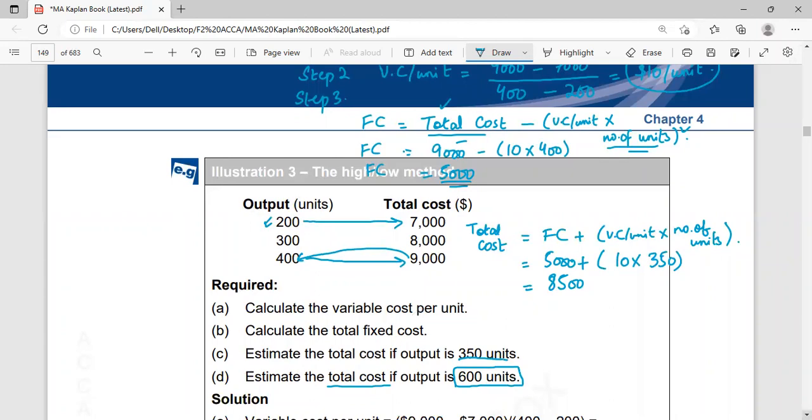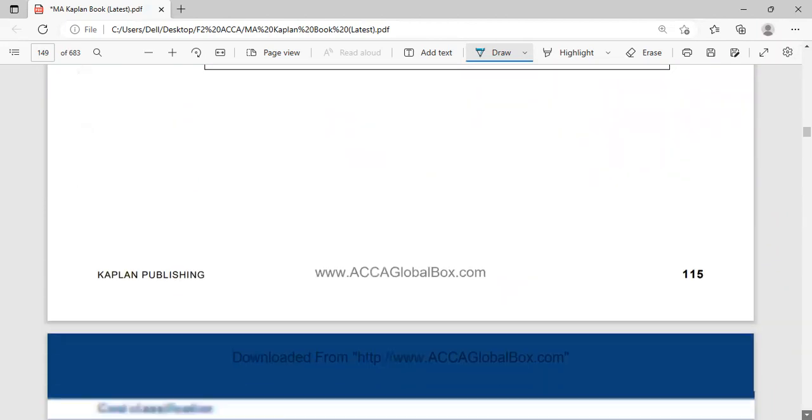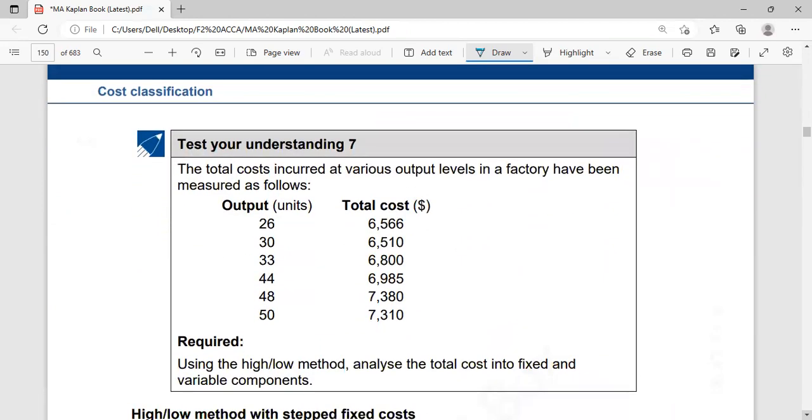Okay. So now let's do another example. So there it is. Now first tell me, what was the first step? It's to find out the highest and lowest. It's 50 and 26. Yes, and we have to find their relevant cost. So at 50, the cost is this, and the lowest, 7,000.